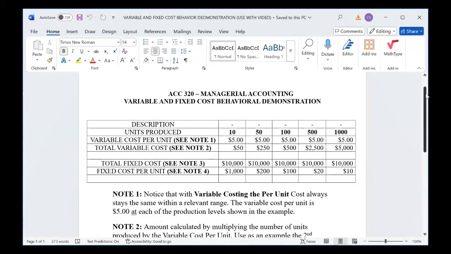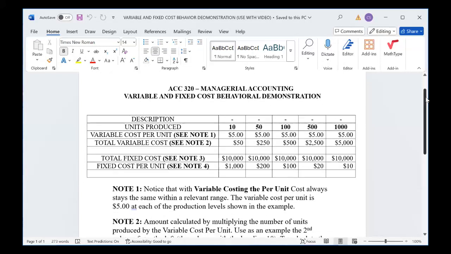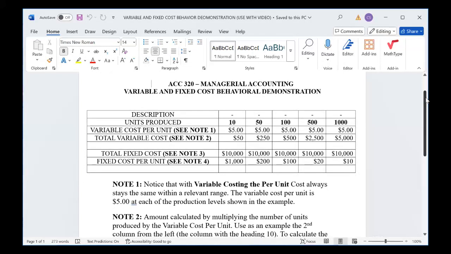Now we're going to start the lecture. So on the page right now, go to the variable and fixed cost behavioral demonstration, the document you see on your screen.